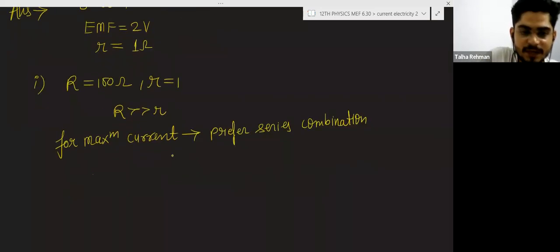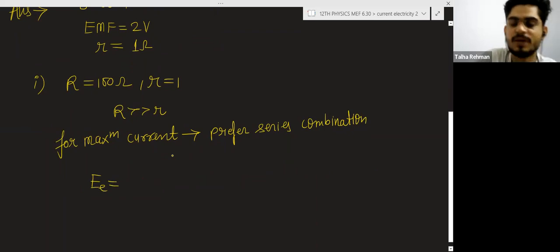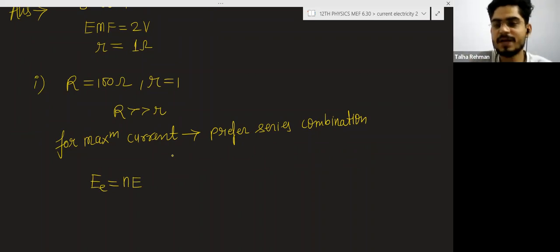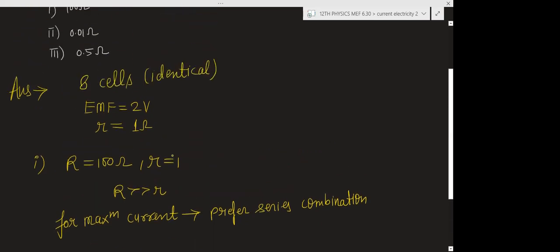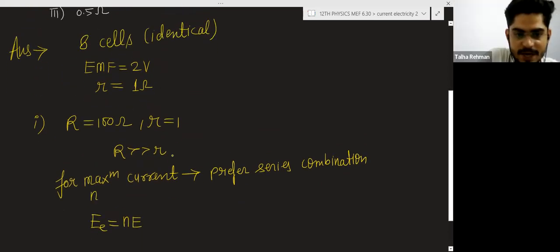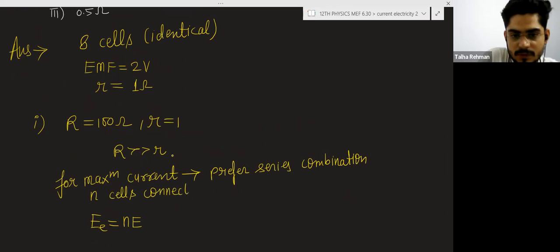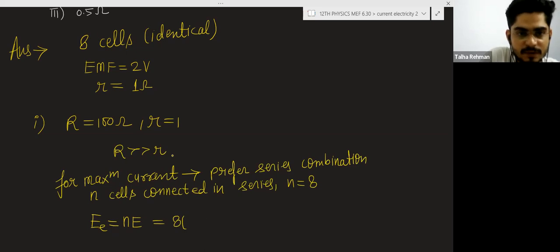So when you connect all the 8 cells in series, what is the equivalent EMF? If you have n cells connected in series, and n is equal to 8, then you will write 8, and the EMF of each cell is 2, so this will become 16 volt.